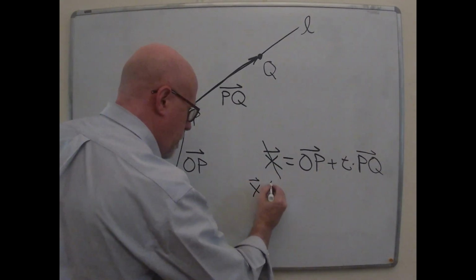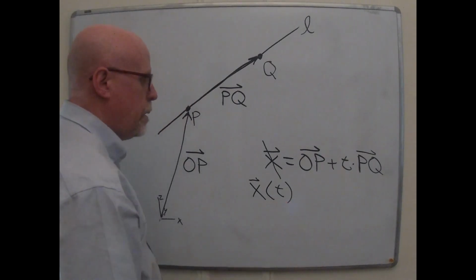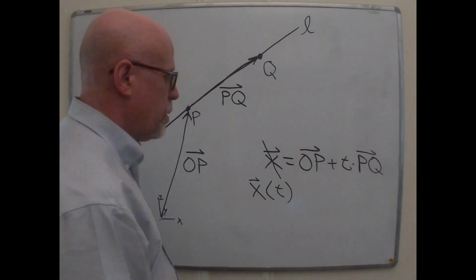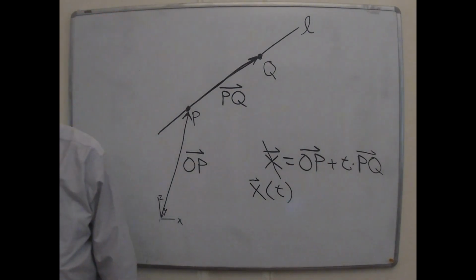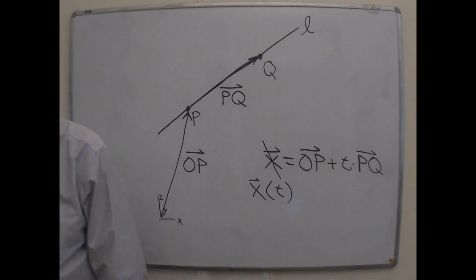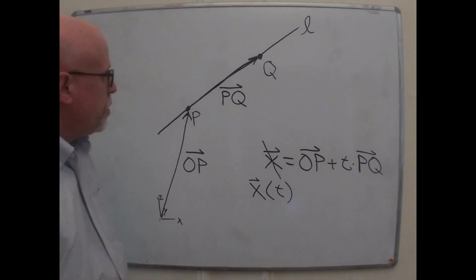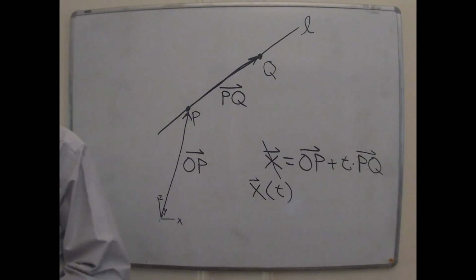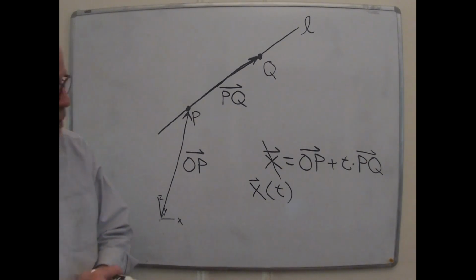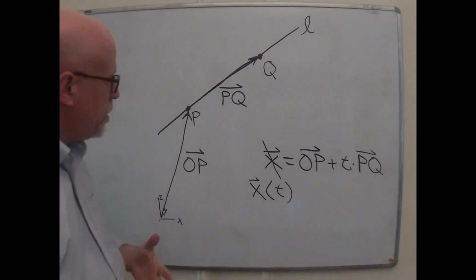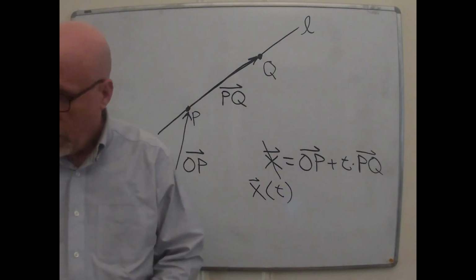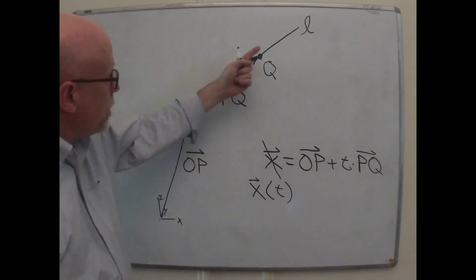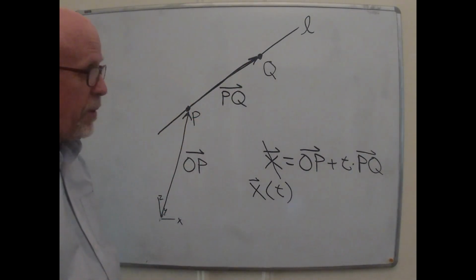That is, it's x as a function of time, equal to OP plus T times PQ. There's a bunch of ways you can write the equation of a line in 3-space. The one I've given is in general a position vector and a direction for the line. That's what PQ really specifies for us.